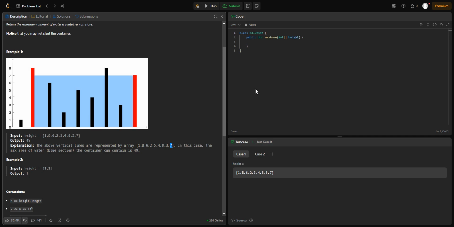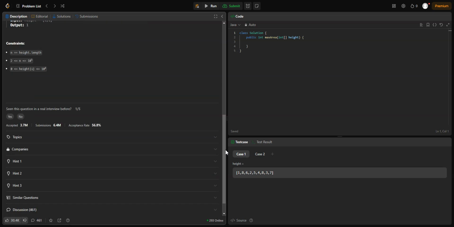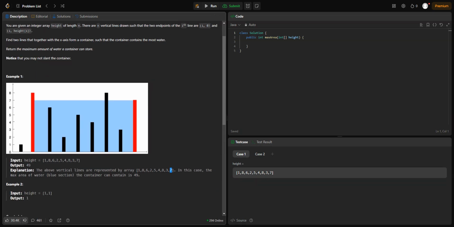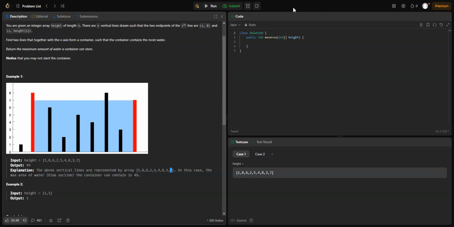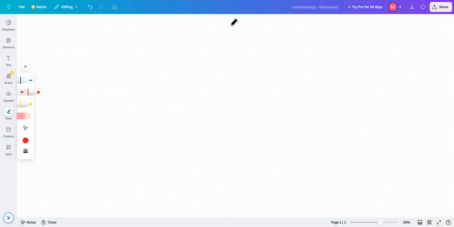So let's think about this. One way to do this is, this is going to be a tough one to draw out actually. I think what we're going to want to do is, I'm going to try and draw this out.